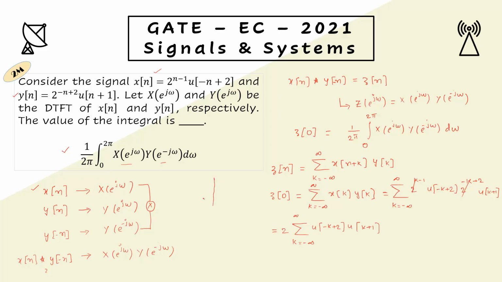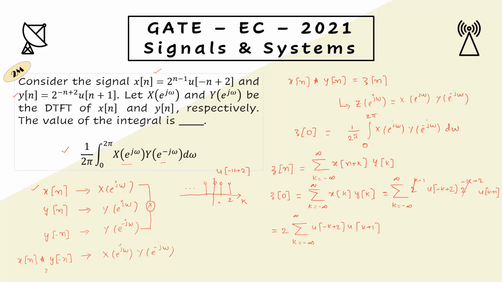The plot u of k is the unit step function from 0 to infinity, so shift that to the left by 2 units and then do the time reversal. So finally the plot will look like this. This is our u of minus k plus 2.